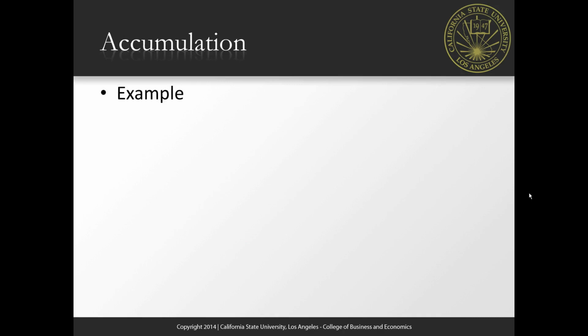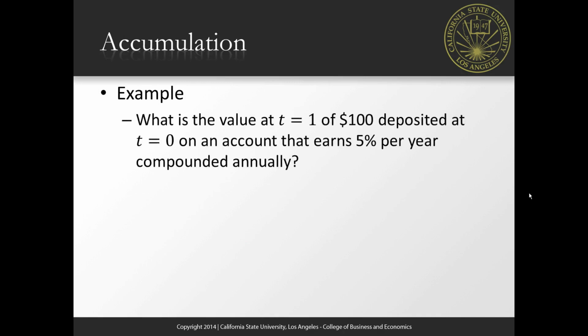So now how does this all work when we're factoring in interest rates and money? Let's look at an example. What is the value at t equals 1? That is 1 period into the future, and you can see right here that we're talking about annually.